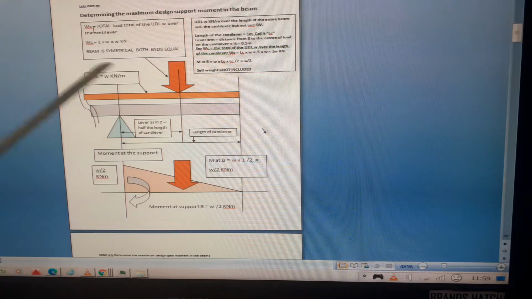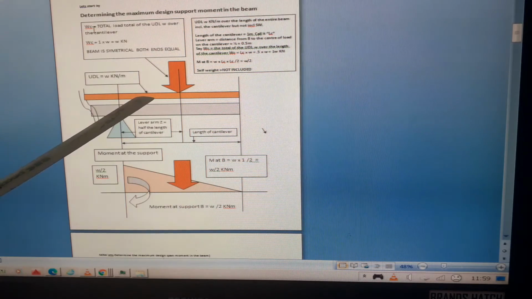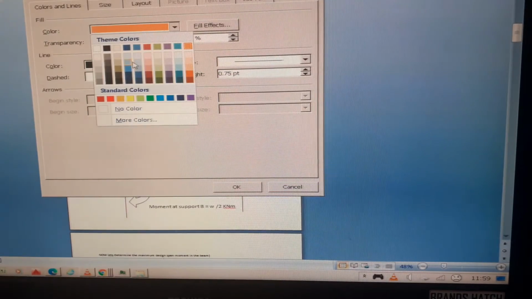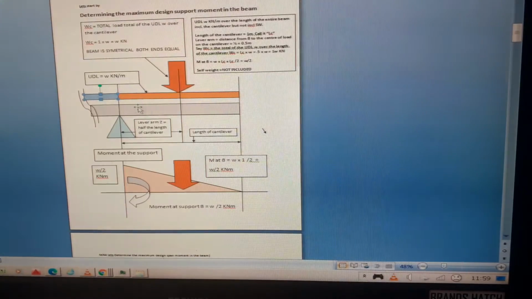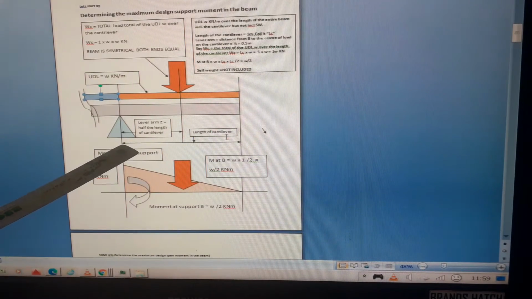It's all over the entire beam, but I've drawn it in orange to highlight it over the cantilever. And here we've got the length of the cantilever, that is 1 as given above.